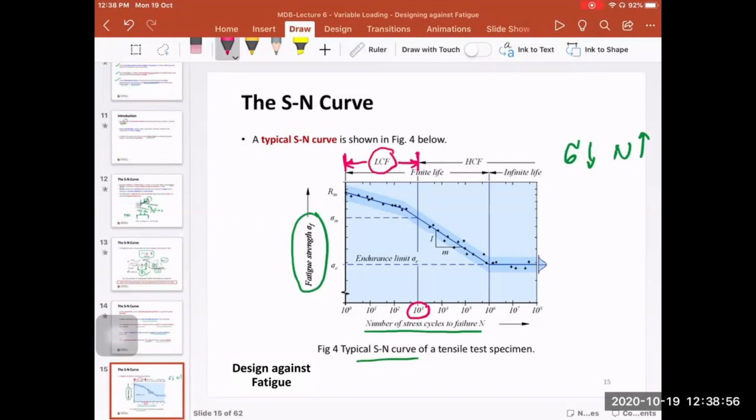And if the stress level makes the component survive for more than 10 to the power 3, we have what's called high cycle fatigue. So high cycle fatigue and low cycle fatigue depend on the 10 to the power 3 number of cycles. And when we reach this knee, you see the line becomes flat. At this point, if you apply any stress, it will survive forever. It's not going to fail.